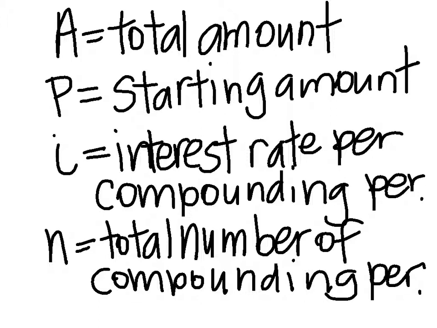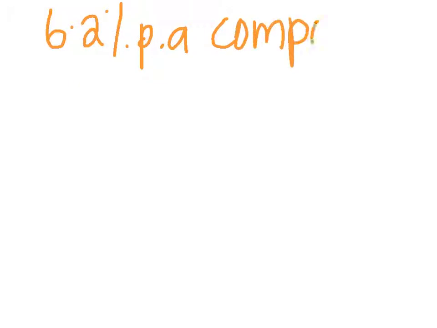Well, first of all, we'll look at the I. Let's imagine that my interest rate is 6.2% per annum, and it's compounding quarterly.